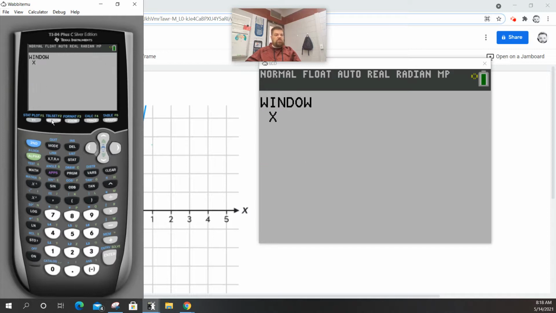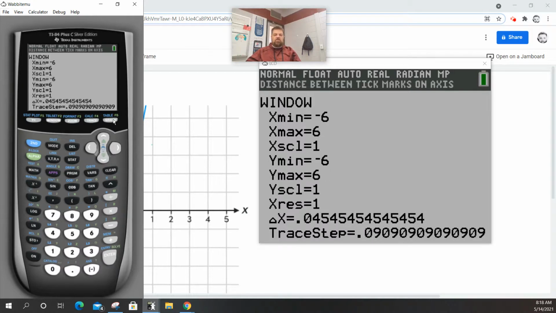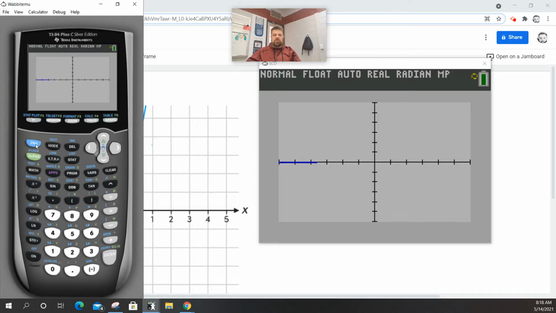And I'm going to set the window up to match, which looks like it goes from -6 to 6 on the x-axis, and the y-axis goes from -6 to +6. That way my graph looks very similar to this function here. So this is f of x.